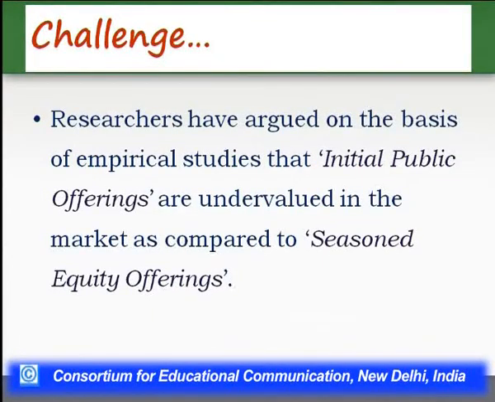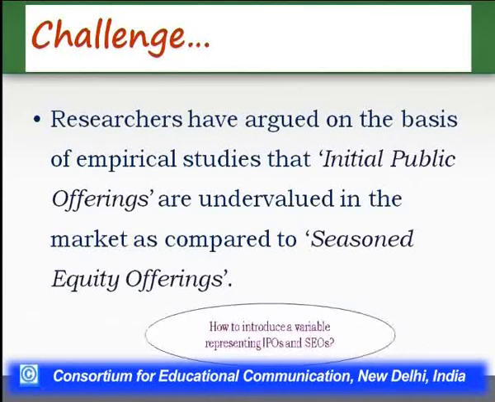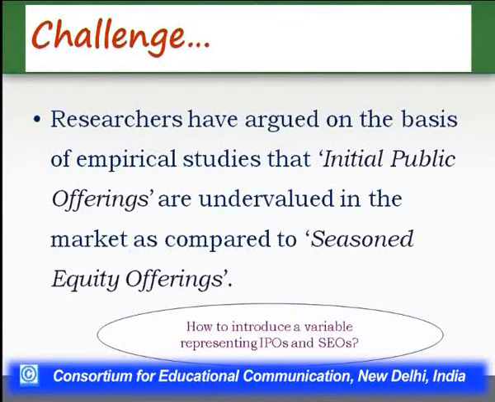Now what is the challenge? The researchers have argued on the basis of empirical studies that initial public offerings are undervalued in the market as compared to seasoned equity offerings. How do we introduce a variable representing IPOs and SEOs?